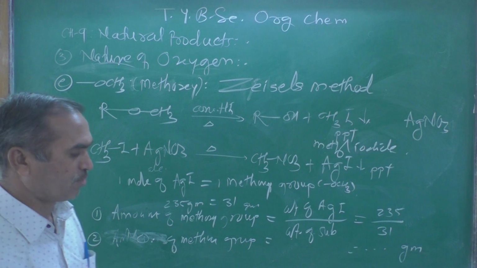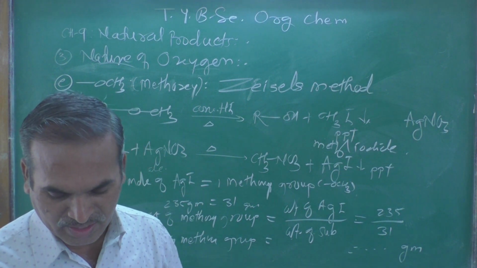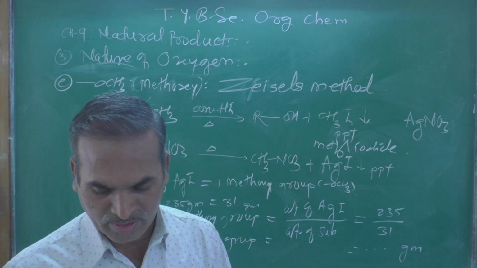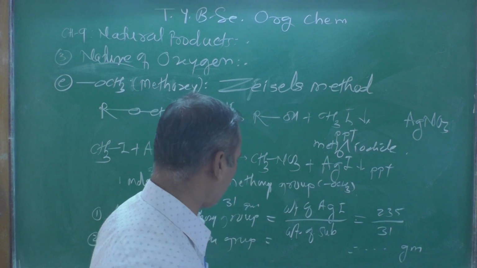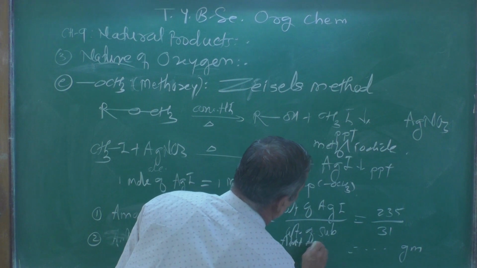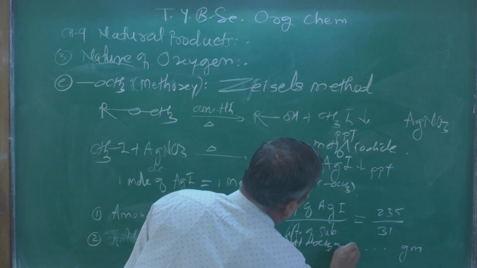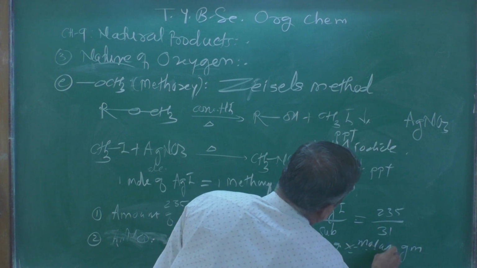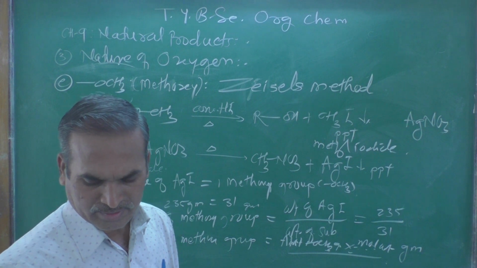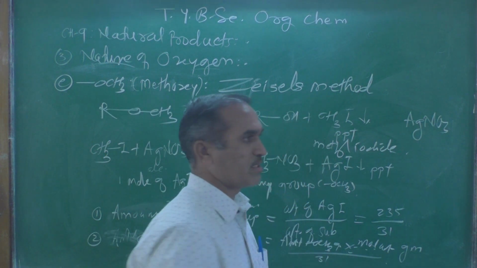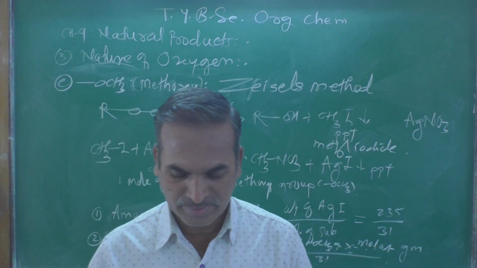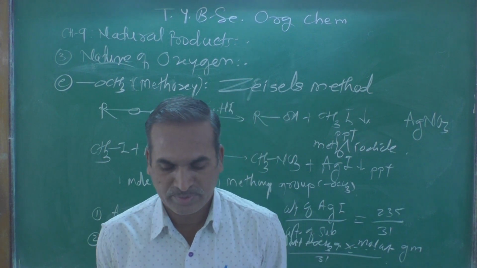Number of methoxy group can be found out by using this formula: amount of methoxy group, OCH3 group, into molecular weight, divided by 31. By using this formula we can easily find out the number of methoxy groups in the given compound.